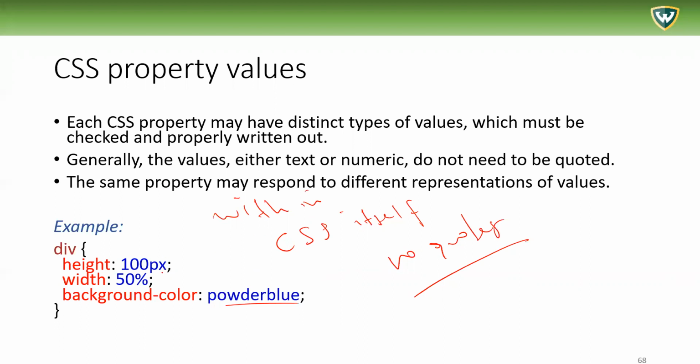And notice that sometimes we can, the height goes by point, width can go by percent, but the width can also use points. You can also use pixels here, px, or you can use percentage. So you can use both kinds of values. Background color, once again, you can use the standard color names, or you can use RGB values or RGBAs and so on.